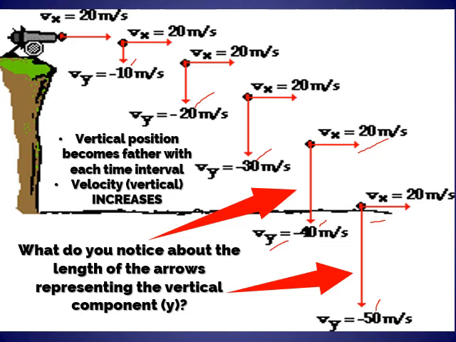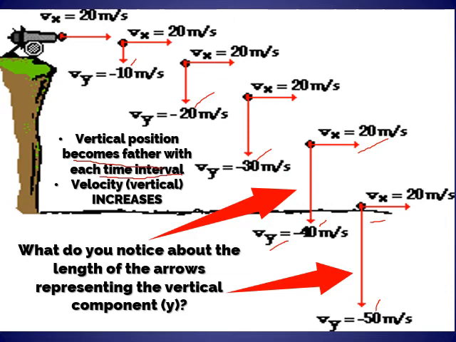Okay? So, sabi dito, now the vertical position becomes farther with each time interval. So, now talking about distance, if you try to take a look at the vertical aspect of a projectile, ang distansya as we go from second to second, ayan o, there is now increase in distance. The distance becomes now farther as we move from second to second.